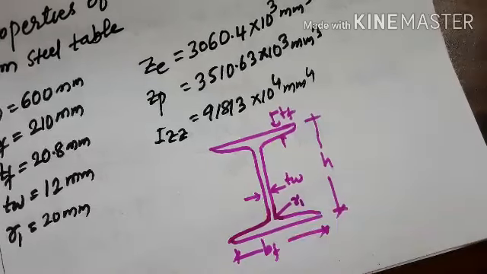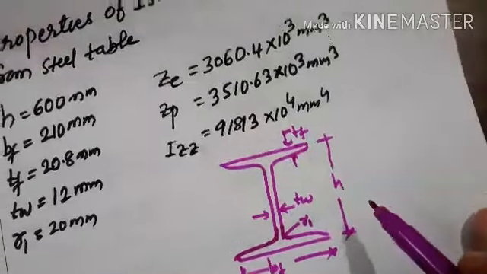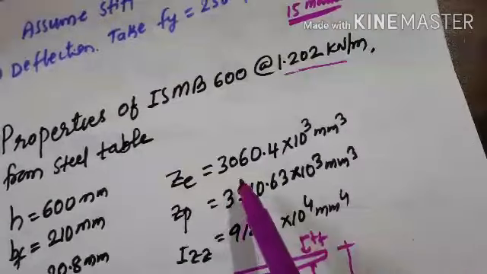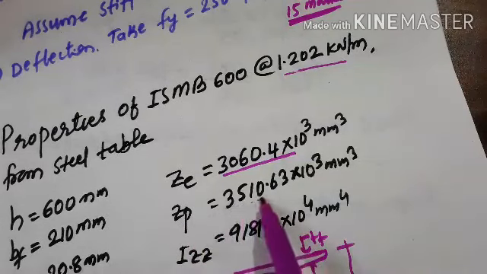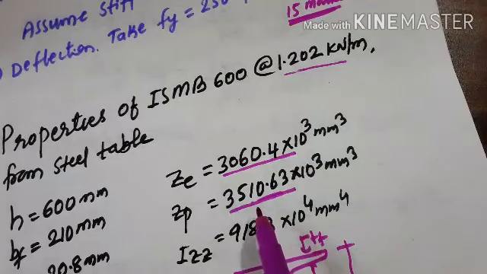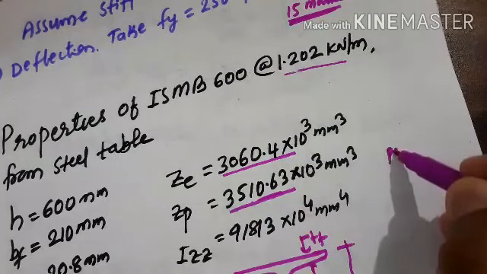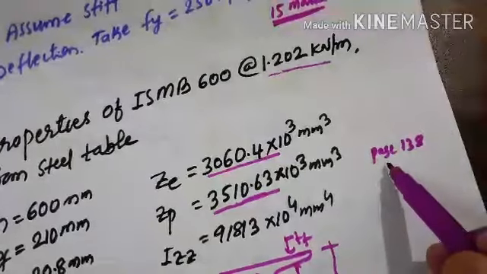This you will also get from the steel table. You can even get the elastic section modulus from the steel table, but the plastic section modulus you have to get from IS 800 2007, page number 138. You have to refer to page number 138.